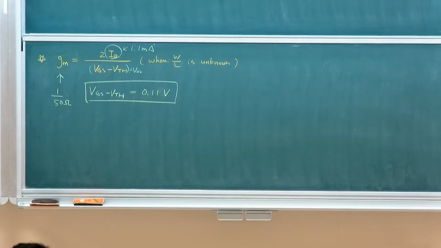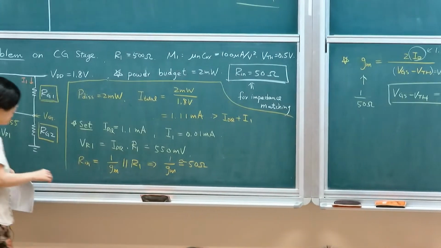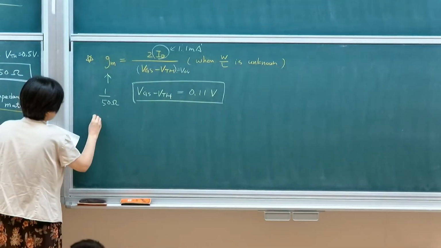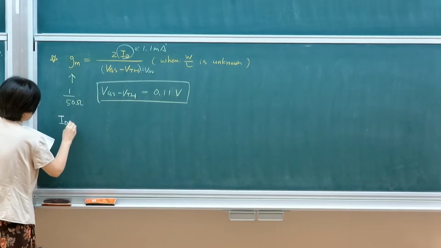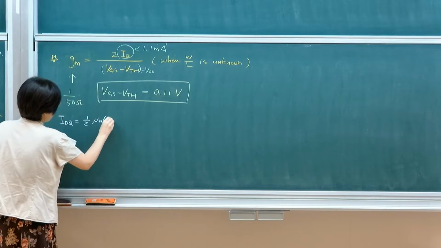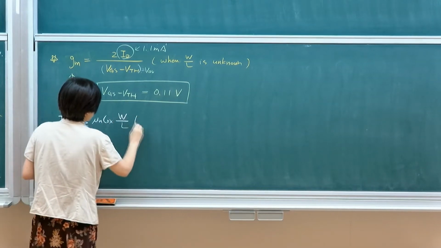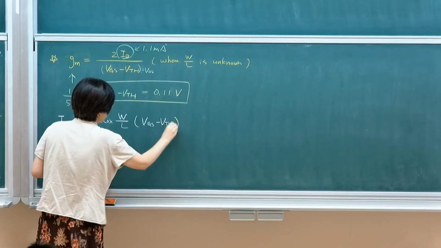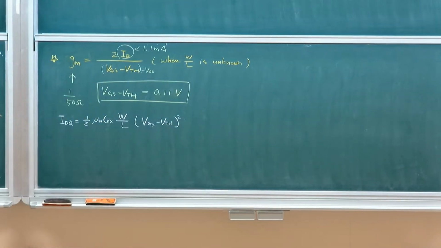So once this is fixed, then you can go back to determine, remember, what we need to know is the W over L of this device. So you go back to the current equation. IDQ equals 1/2 mu n Cox W over L times VGS minus VTH squared. I'm just going to use the first order equation in saturation.